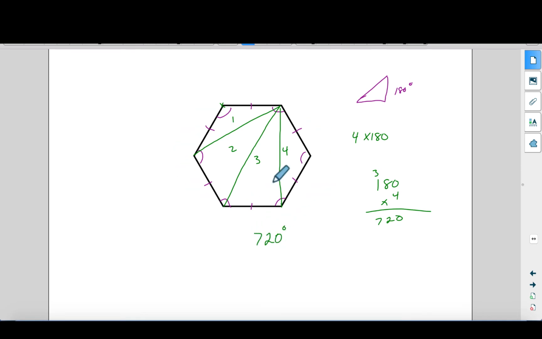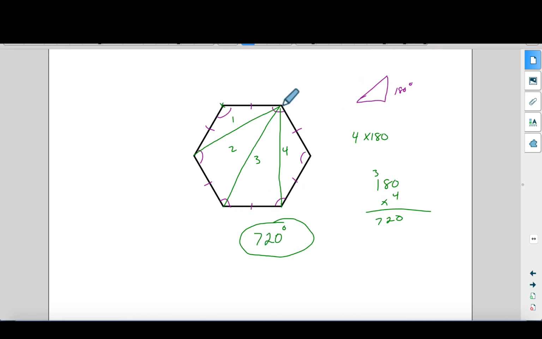You're like, wait, what about 360? 360 degrees would be if you had 4 corners. But in this case, we don't have 4 corners. We have a lot of corners, and so the interior is way larger than that. It's 720, in fact double the amount that's in a square.